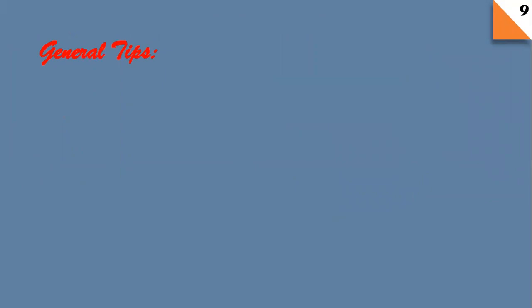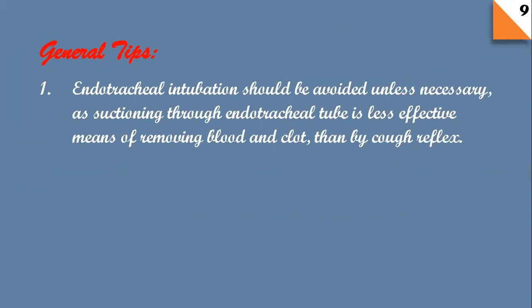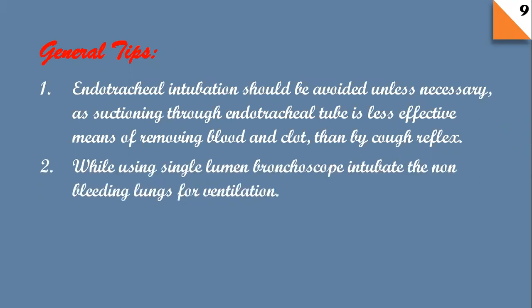So now talking about a few general tips of this whole video series on hemoptysis. The first one is that endotracheal intubation should be avoided unless it is necessary, as suctioning through an endotracheal tube is a less effective means of removing blood and clot than the cough reflex, because the cough reflex is more effective in removing blood and clots. The next thing is that while using a single lumen bronchoscope, we must intubate the non-bleeding lung for ventilation.